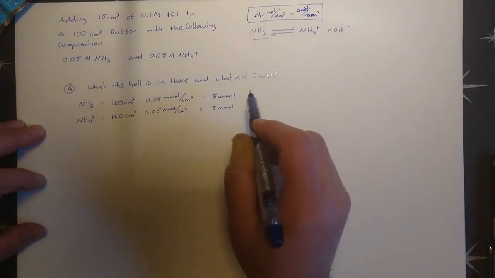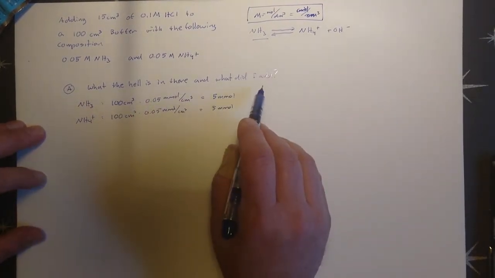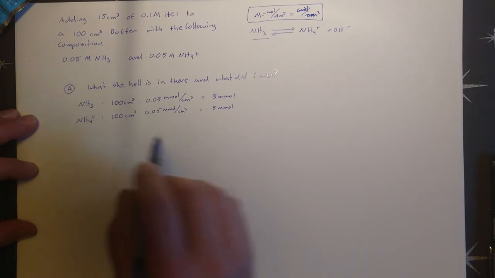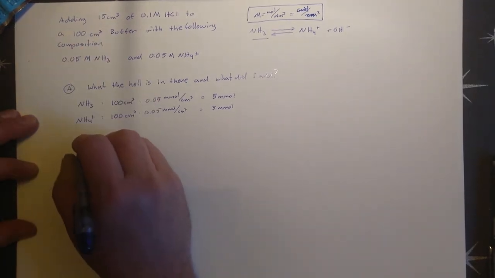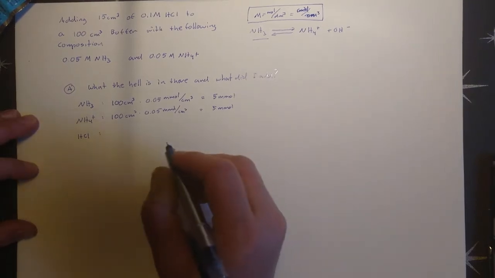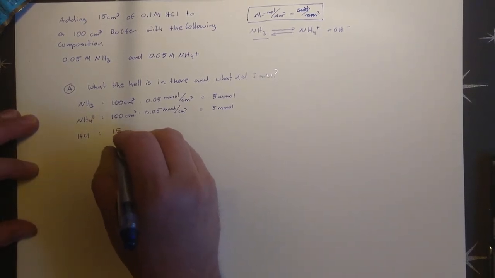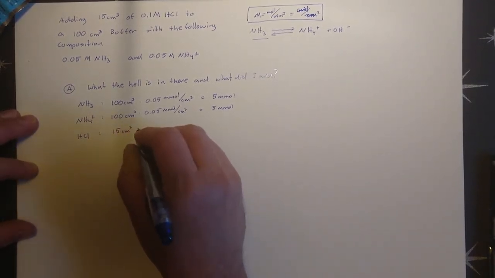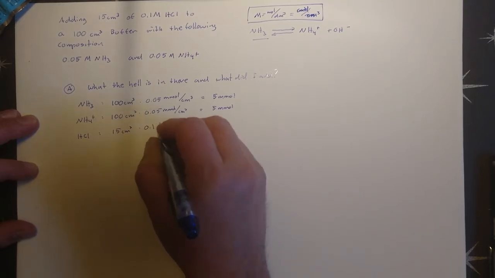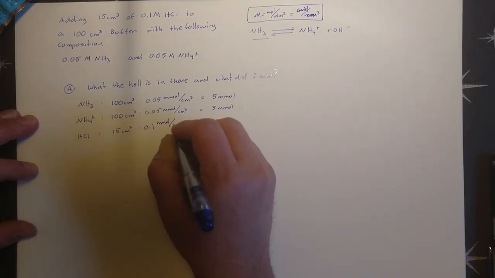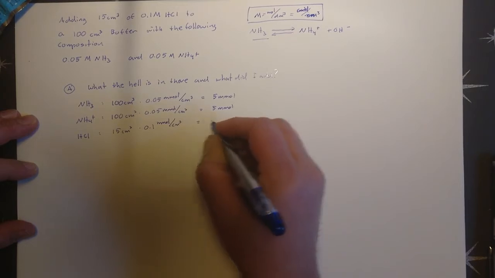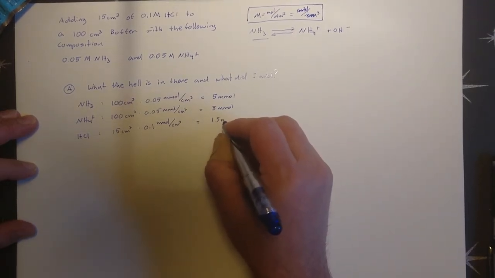So now we have to ask the question, what did I add? Well, I added HCl, which essentially means I've added 15 cubic centimeters of 0.1 millimole per cubic centimeter, which results in 1.5 millimoles.